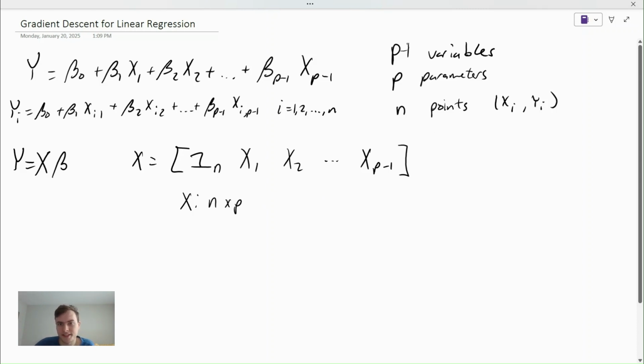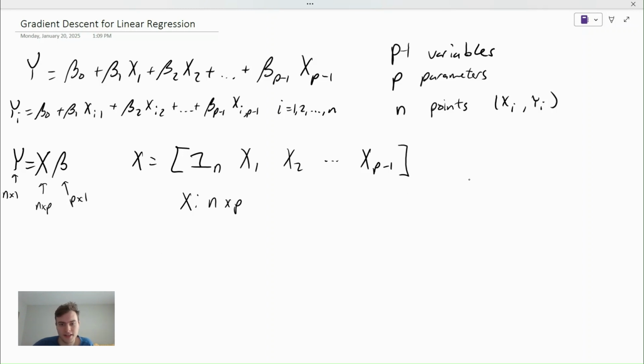And that's why I said our number of variables we can call p minus 1, so that when we talk about the number of parameters, including this bias term, like the y-intercept, we get to p. And then over here, the dimensions work out, right? So this one's n by p, this one's p by 1, and this one's n by 1, our y data, right?